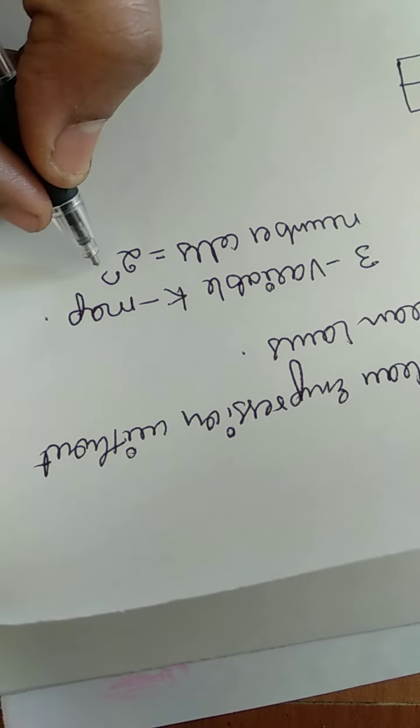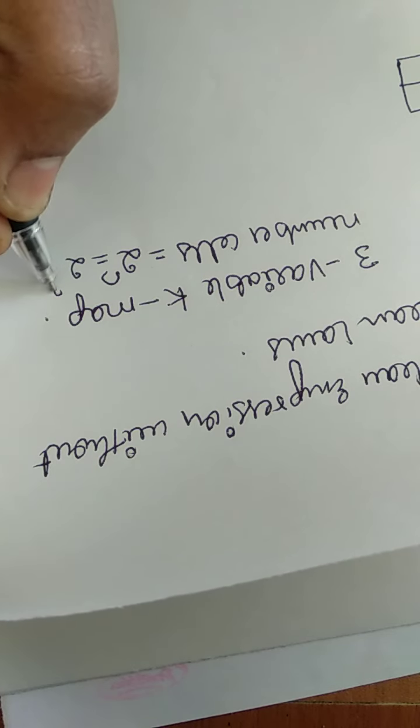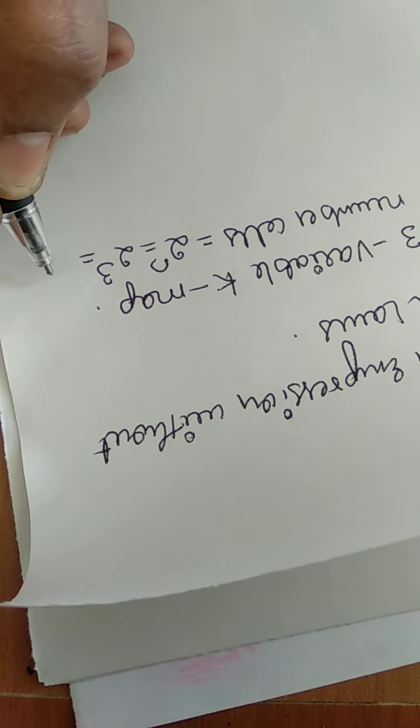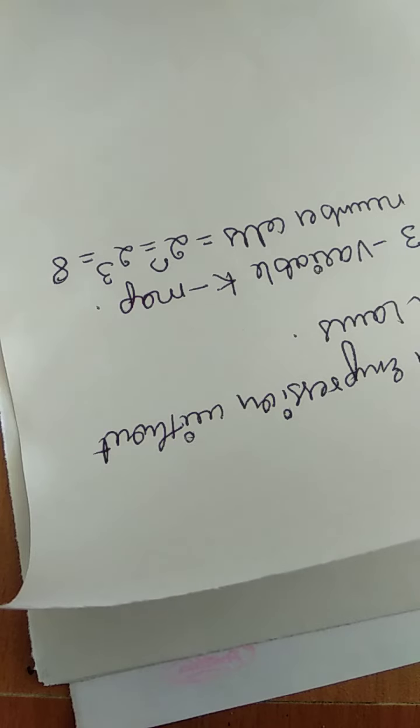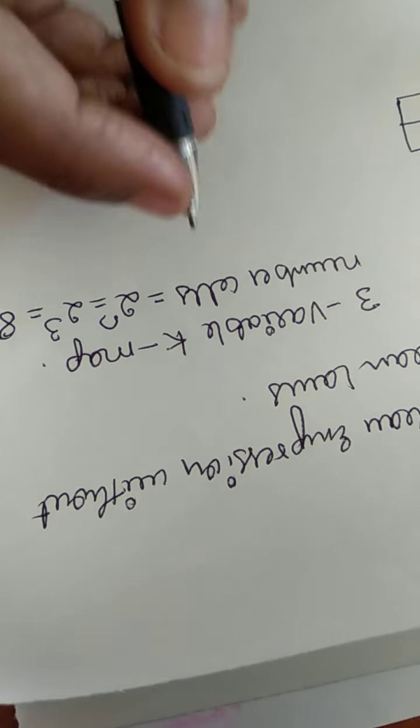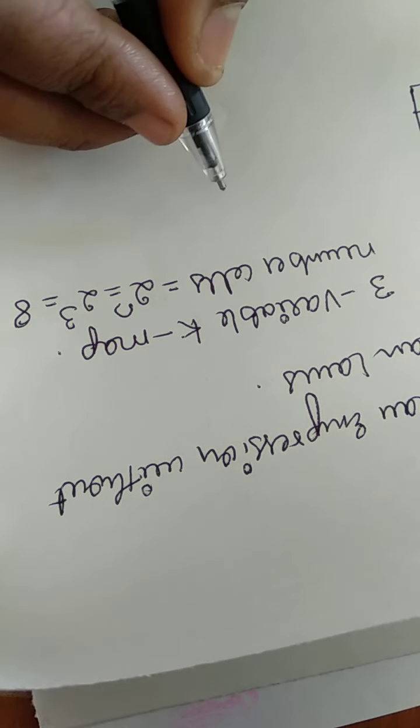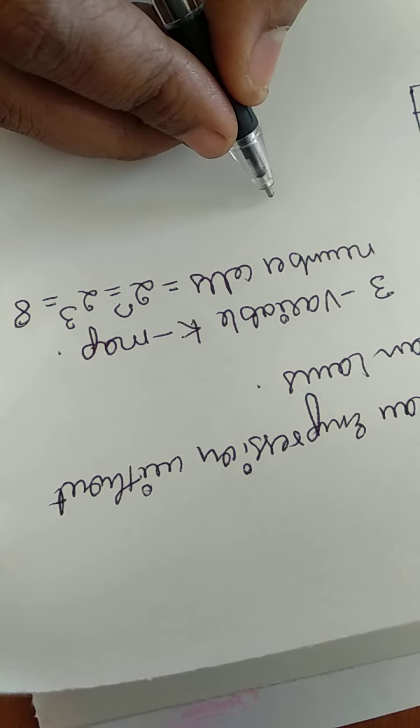So here it is 2 raised to 3, which is equal to 8. Then we have to take 8 cells. The number of cells is 8.